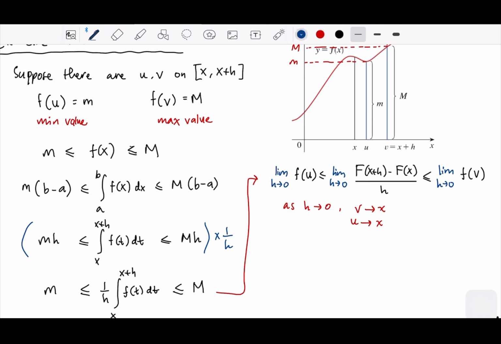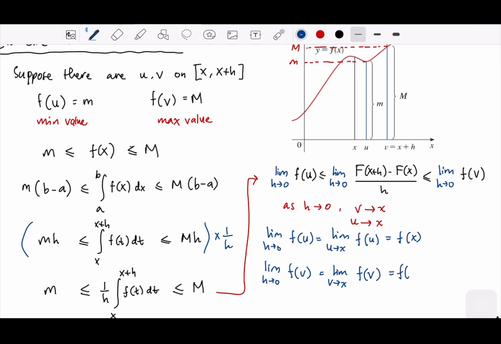Let me write here. So limit, and the same thing with v. And then, by the squeeze theorem in limit, the limit inside here will be equal to f of x.